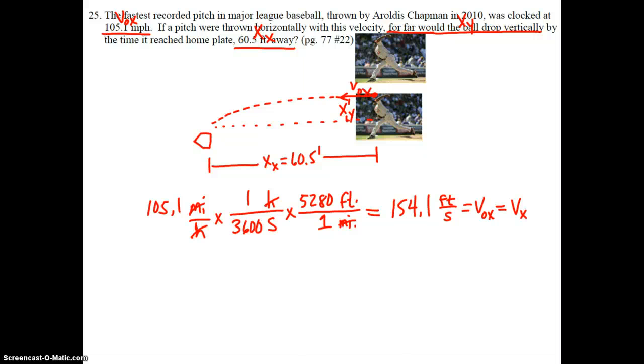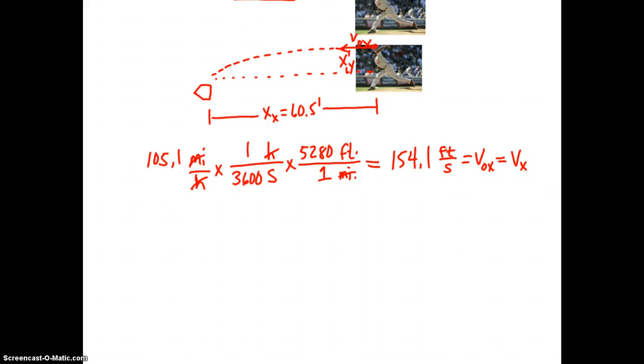We're going to use the horizontal equation from projectile motion, and the only one in our pocket to use there is VOX, which is Vx, equals xx over t. You see it's just velocity equals distance over time modified to be projectile motion specific.